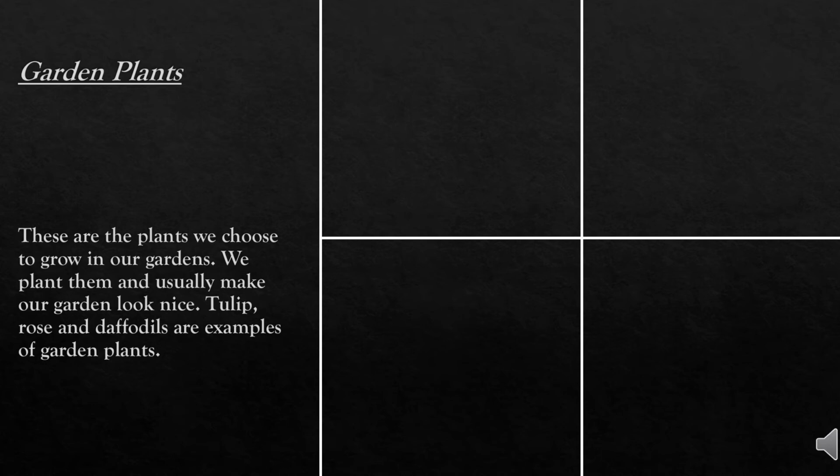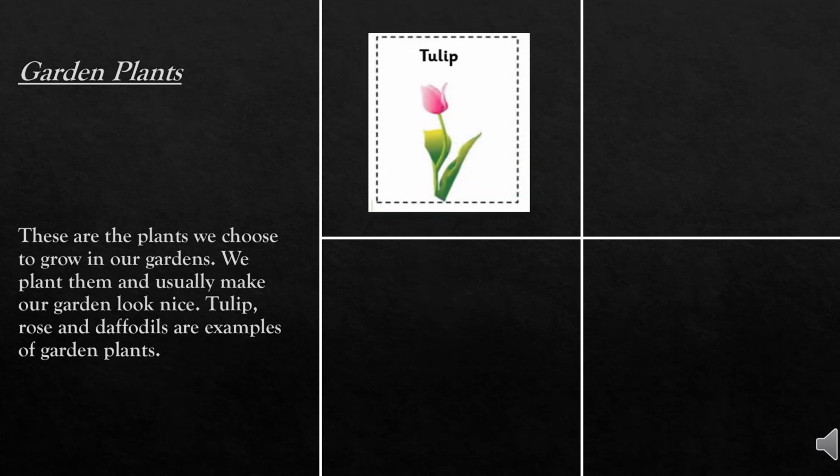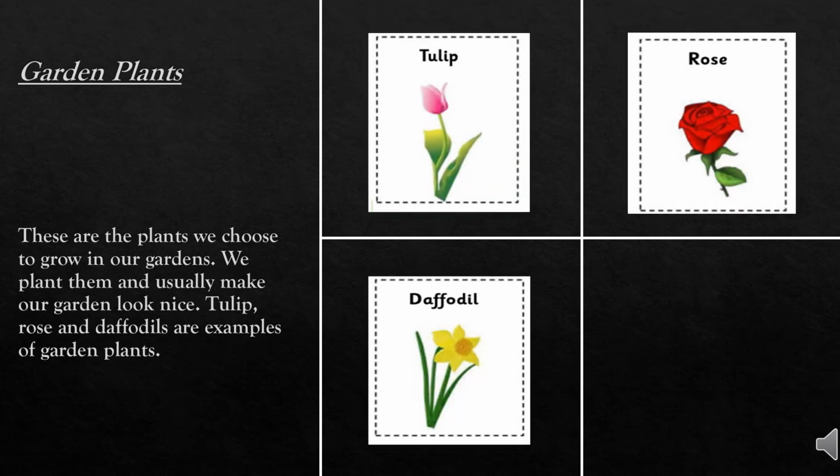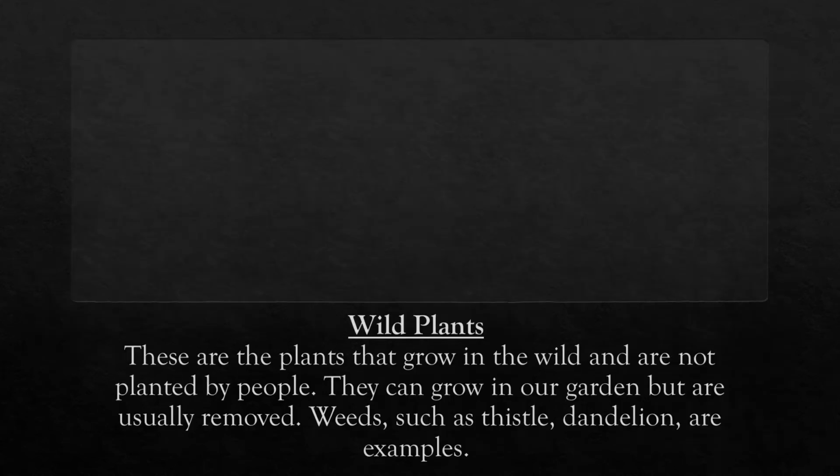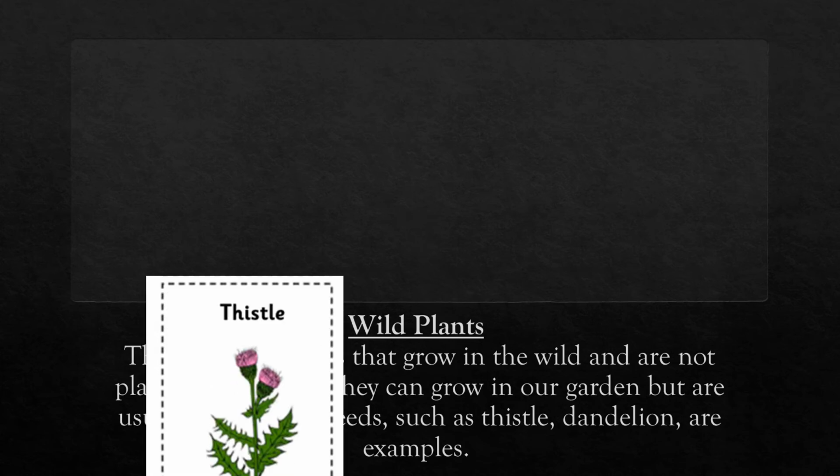These are the plants we choose to grow in our gardens. We plant them and usually make our garden look nice. Tulip, rose, daffodil, and daisy are examples of garden plants. Now let's learn about wild plants.